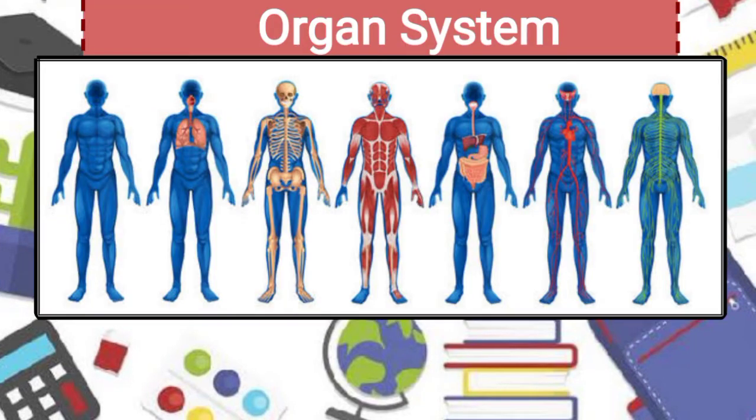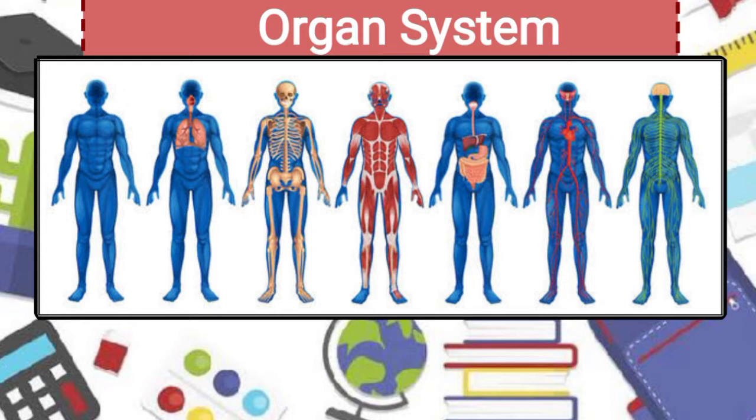As you know, your heart, lungs and bones are just a few of the parts that make up your organ system. Now, what is an organ system?